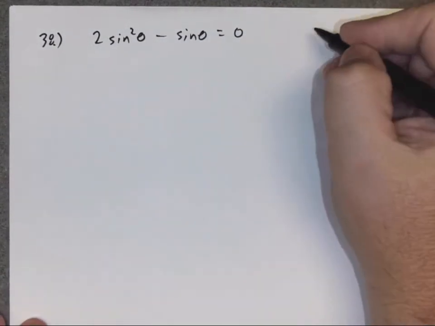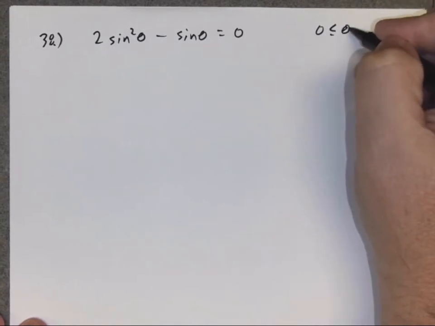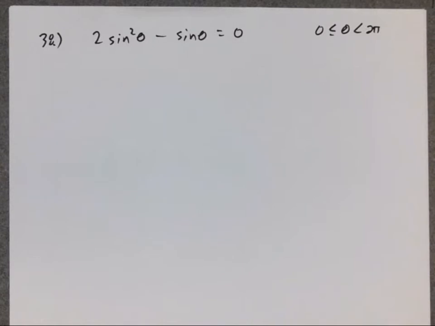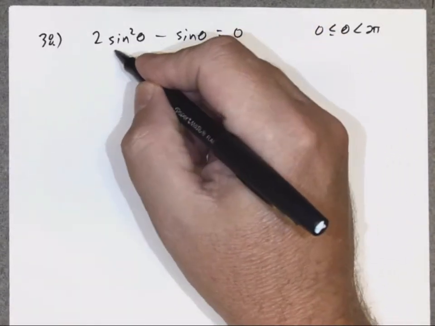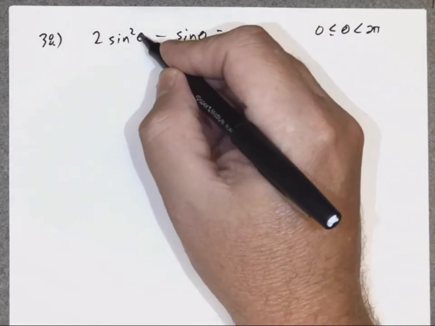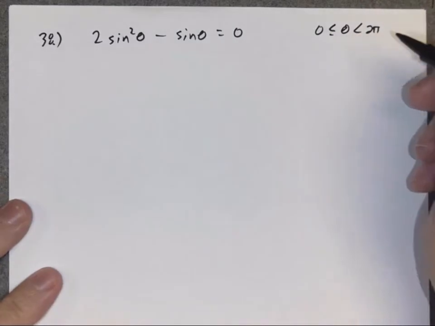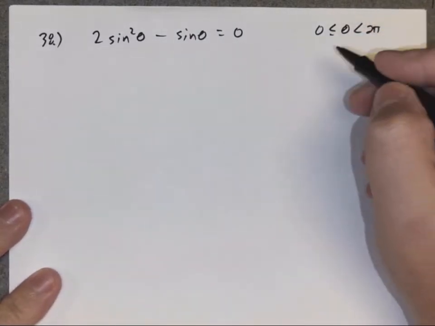And once again, answers between 0 and 2 pi. So this is, once again, if we're trying to first solve for the trig function, well, the problem is I can't get the trig function by itself on one side because I've got sine squared theta and sine theta. What would you do instead of sine of theta?